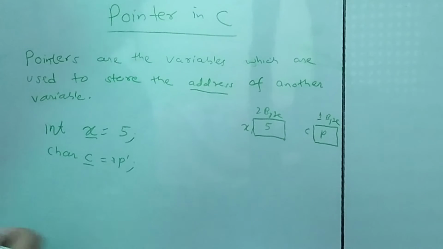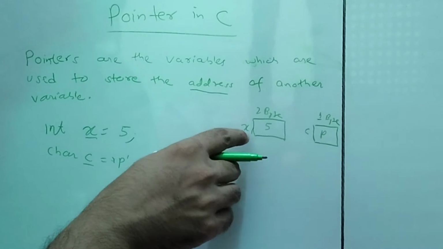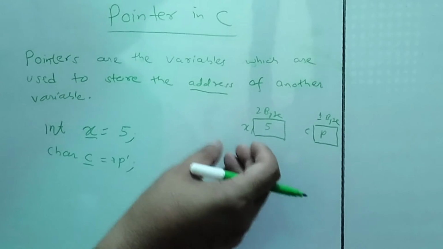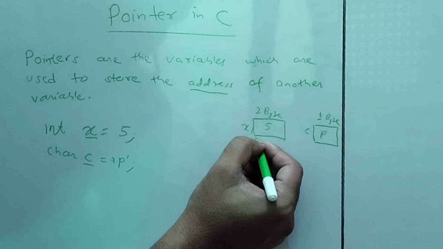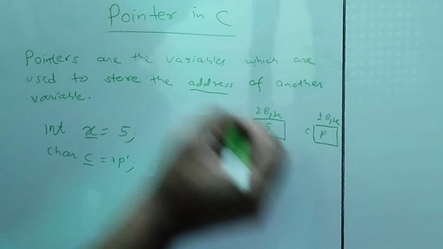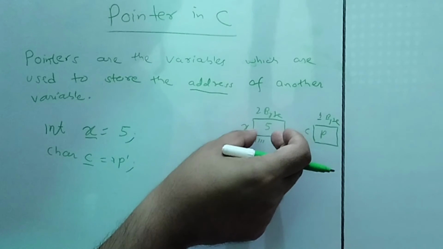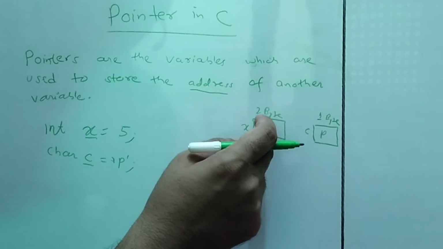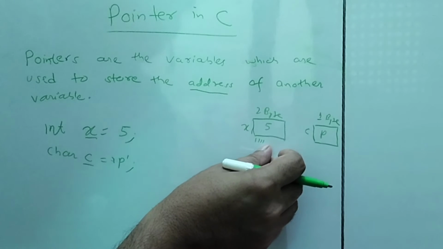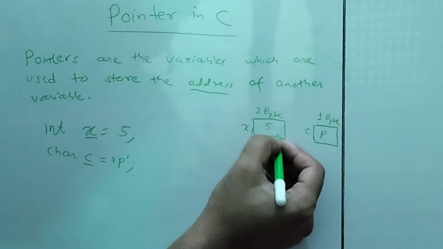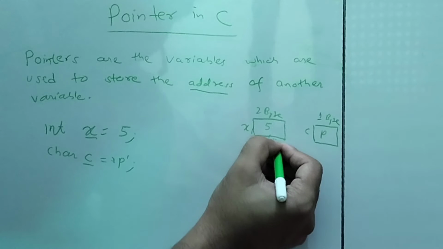Okay. Now every memory location has some address. For example, this has some address, 1111. Now this is a 2 byte memory location, so the first memory location's address is 1111, and the next will be 1112.